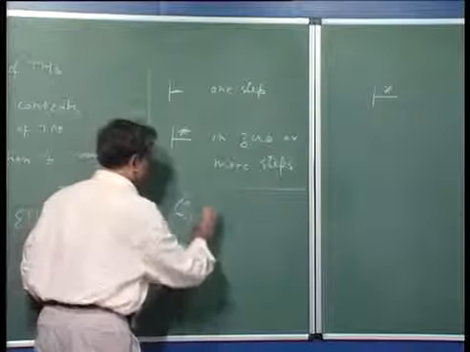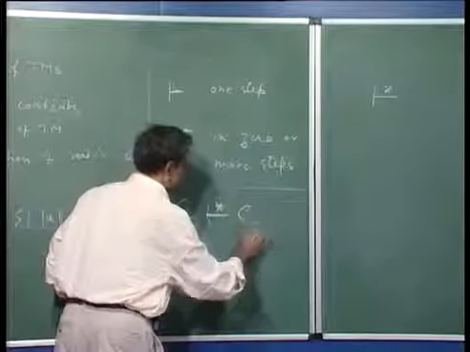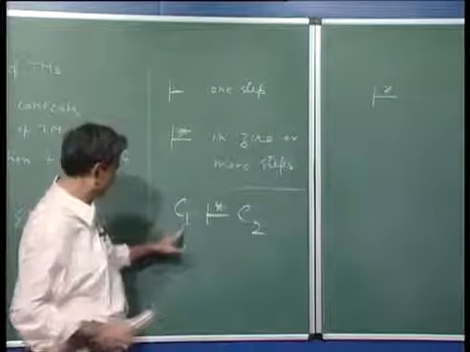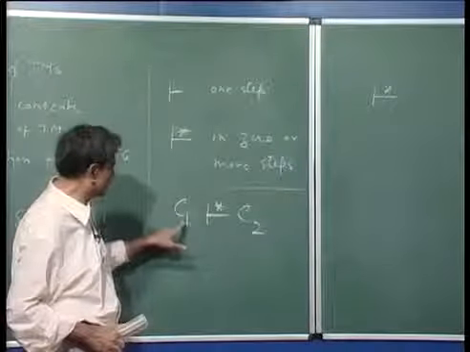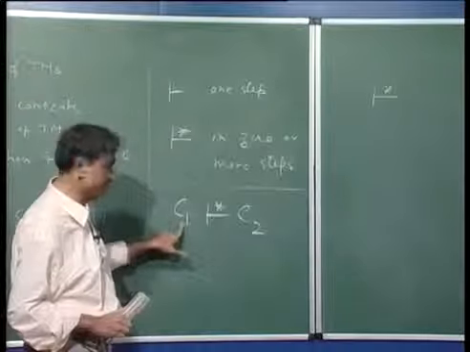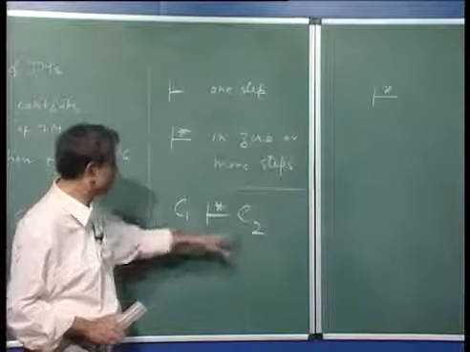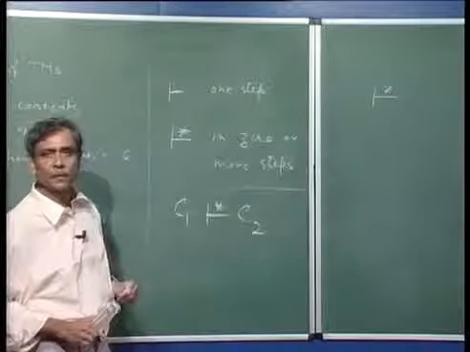We will write C1 goes to C2 for a Turing machine M in case, starting from configuration C1, in 0 or more steps you can go to configuration C2.